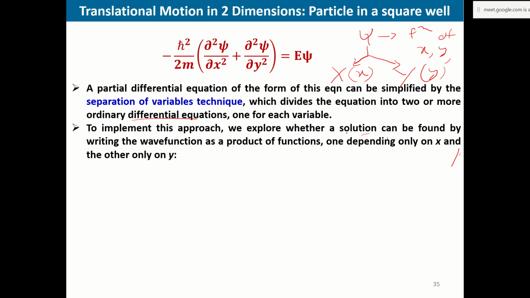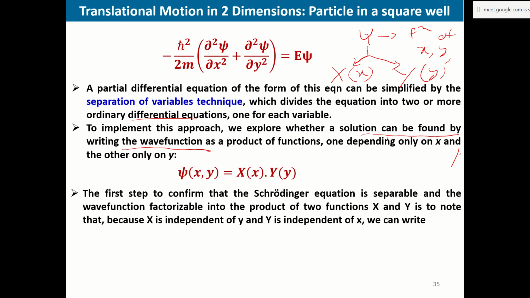So whether a solution can be found by writing the wave function as a product of functions. We are trying to find two wave functions, one depending only on x, another depending only on y, and when we multiply these two, the product is psi.